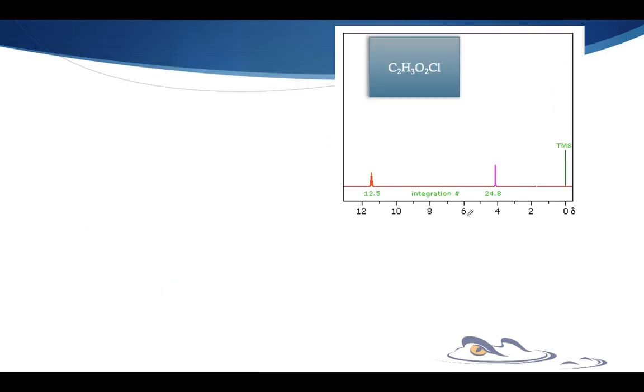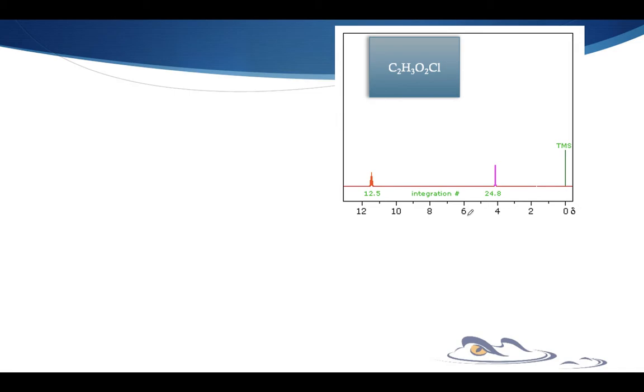So let's see how we really use this. Because so far, I'm giving you everything. I'm giving you the structure, right? And I'm saying, hey, look at the structure and look at these environments and match them up. But what if I just gave you the molecule itself? So I covered up the picture of the molecule, and I just put its chemical formula there.